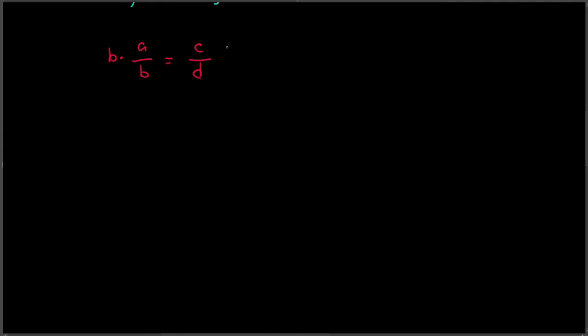Whatever I do to one side, I do to the other. These b's cancel, and I get a equals b times c over d. If I want to clear this d, I multiply by d on both sides. And so I get AD equals BC.